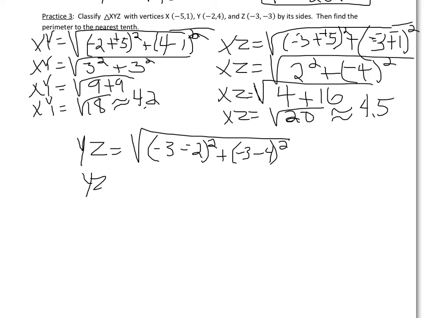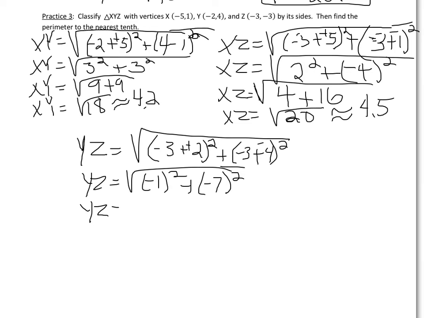So YZ is equal to negative 1 squared plus negative 7 squared, which is 1 plus 49, or the square root of 50, which is approximately 7.1.